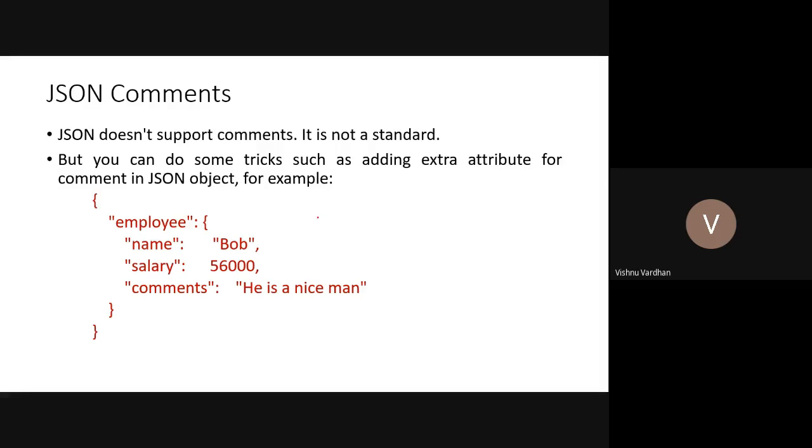Then JSON comments. JSON doesn't support comments. It is not a standard. But you can do some tricks such as adding an extra attribute for comments in the JSON object like this. See the example here. Otherwise, it does not support JavaScript comments either. So it's not at all supporting that.